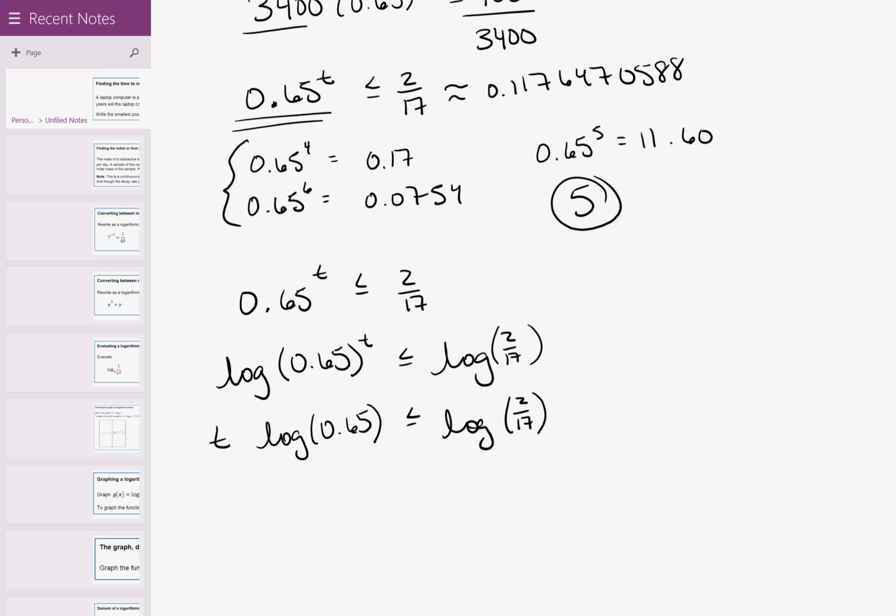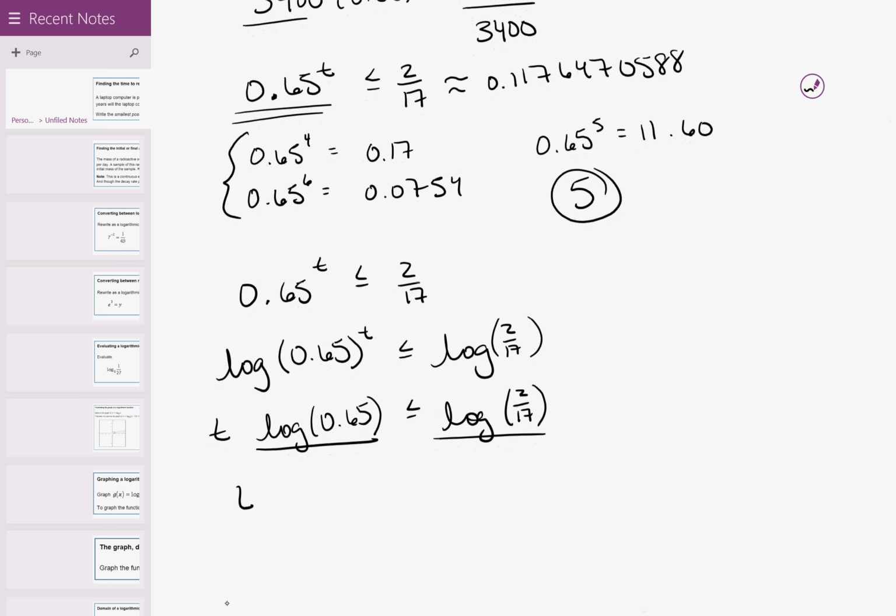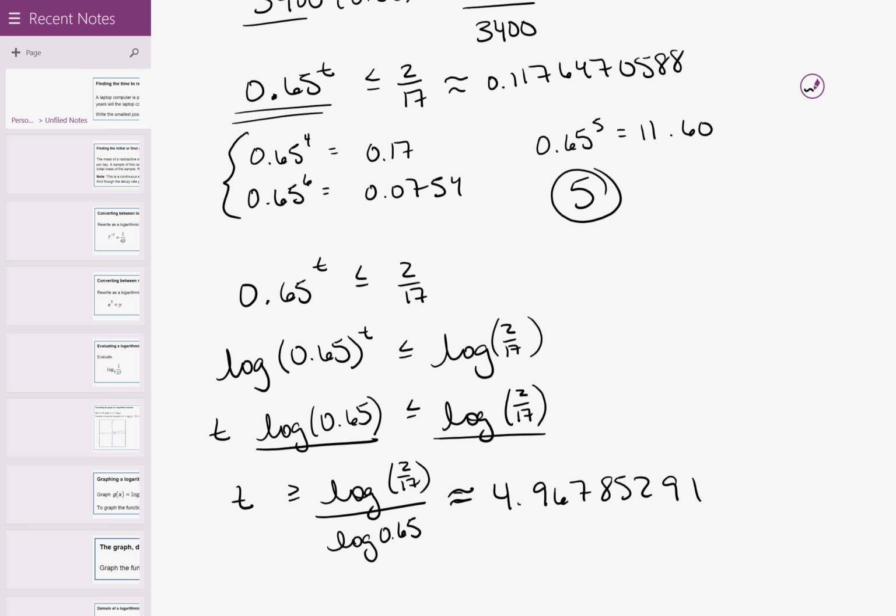And now, I'm going to divide both sides by the log of 0.65. And what's important is that you need to know that's a negative number. And so t is approximately equal to 4.967852991.